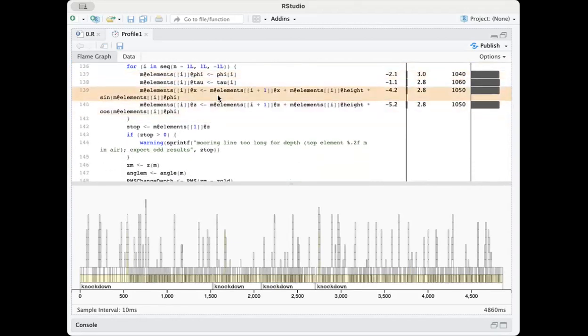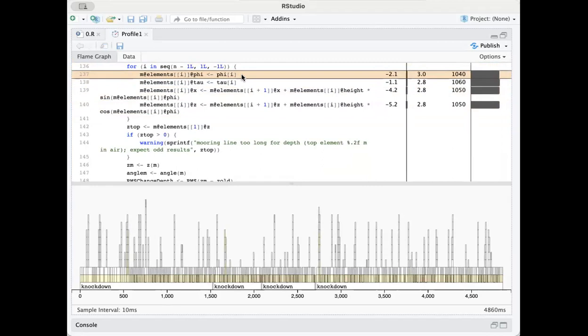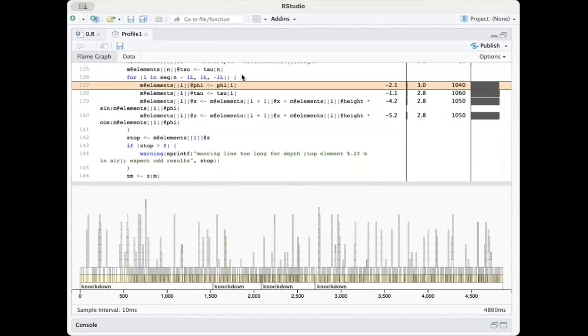So I know that if I want to speed things up, I probably should think about what's happening here. There's no way I'm going to be able to speed up the phi square bracket. That's just a lookup, right?